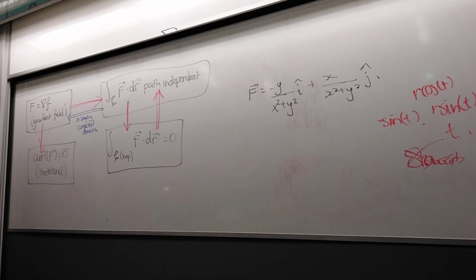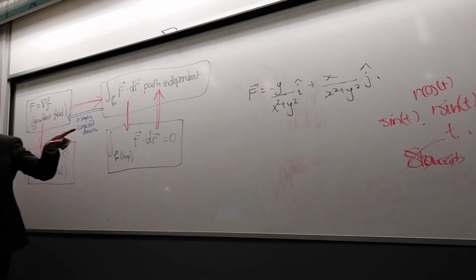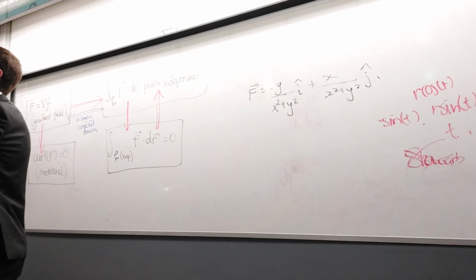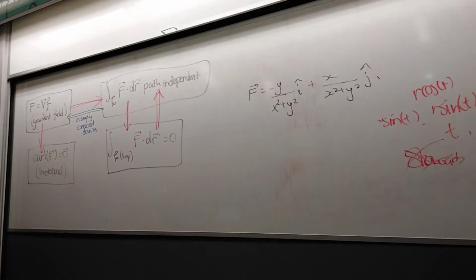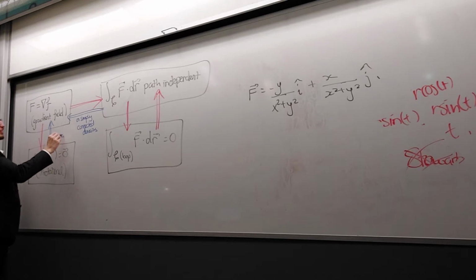Okay, so this is not true, but what could be the source of the issue? The domain of this vector field is not simply connected. So, I'm going to make a claim without any justification that this is also true on simply connected domains.